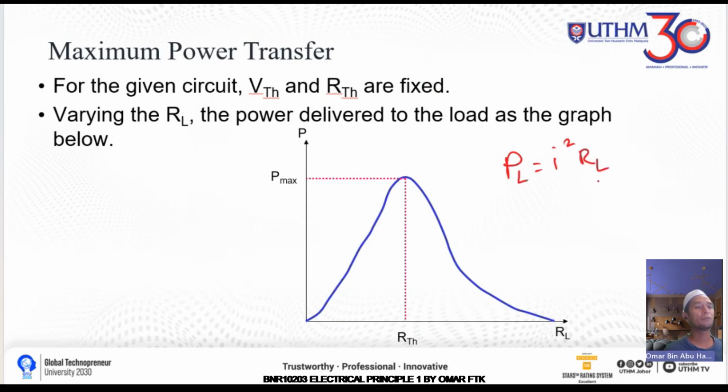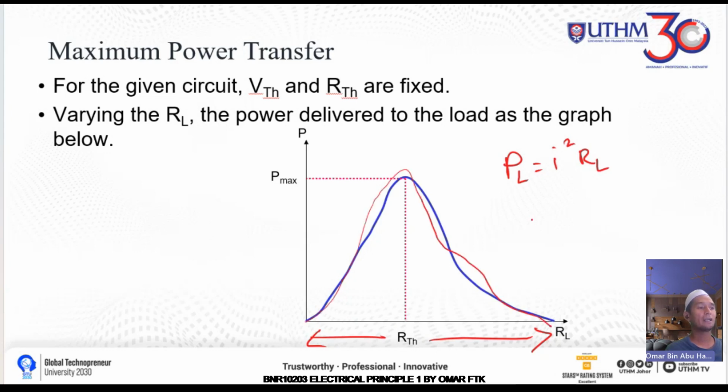Assuming that you vary the value of RL from this to here, as you increase the value of RL, the graph will increase like this, go up, and then drop back.